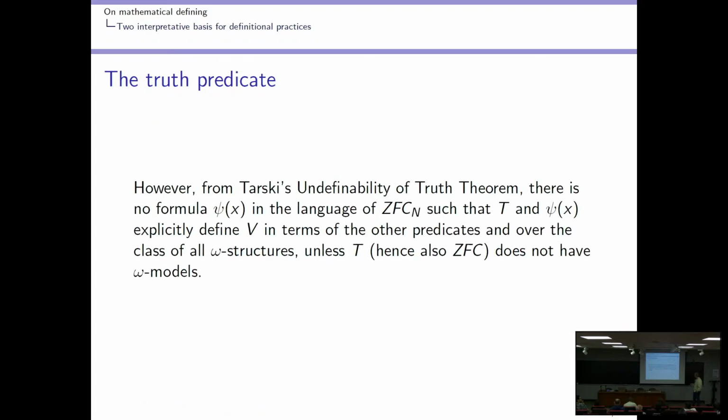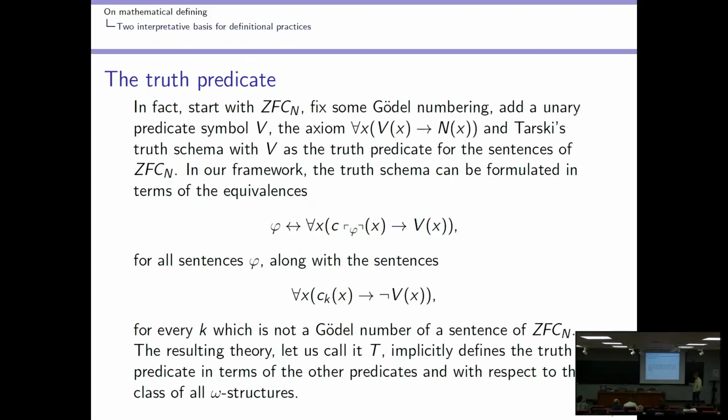However, from Tarski's undefinability of truth theorem, there is no formula psi without V in the language of ZFCN such that T and psi define V in terms of the other predicates. If we had one, then we would have a truth definition.